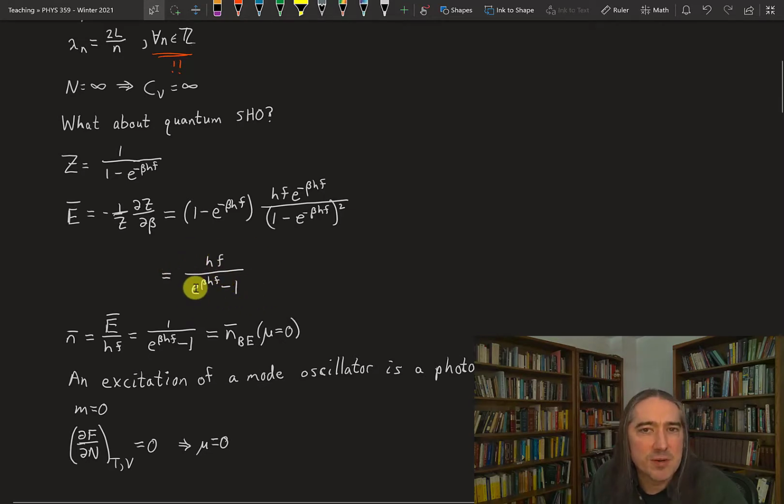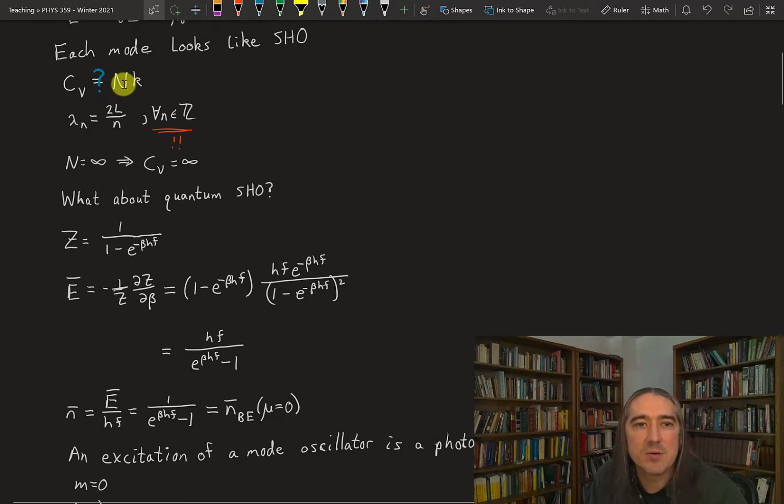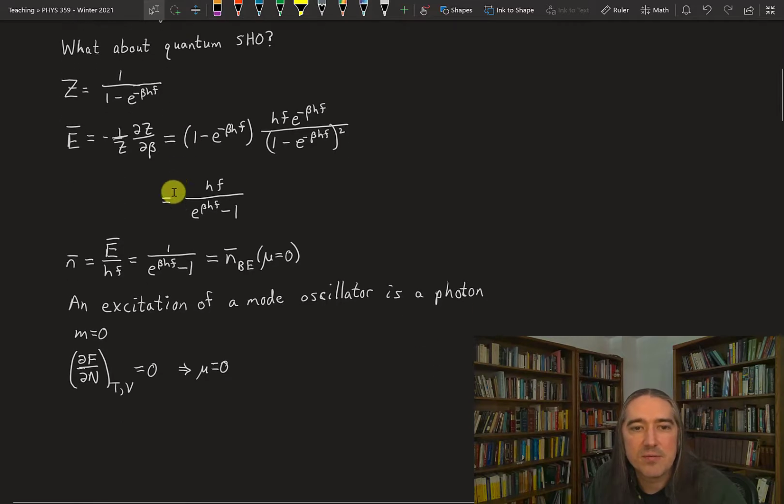One thing that looks good about this is if we start doing a sum over the modes, right? Before we said, well, we just got kT per mode times n, and n is infinite. Okay. Now we don't have kT per mode. We have some more complicated relationship with modes. And what that tells us is that when we do the sum over modes, it's going to look more like an integral over f, or at least a sum over discrete frequencies.